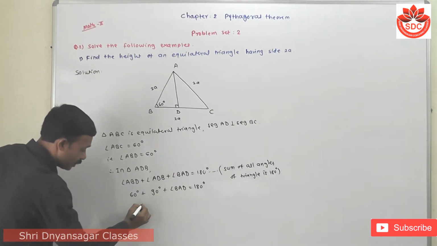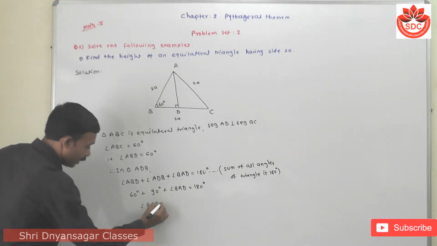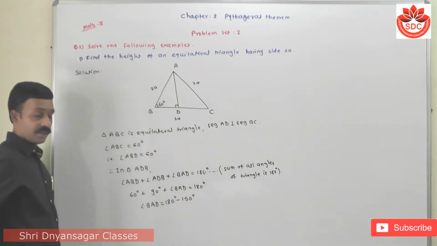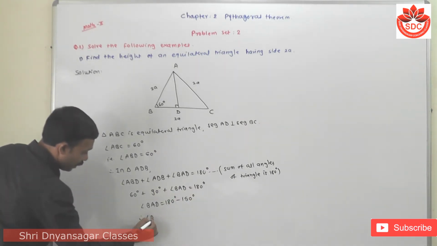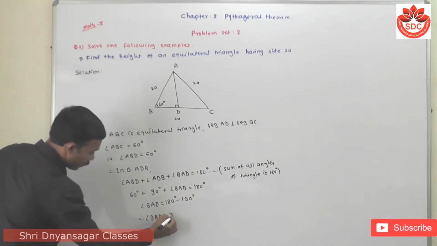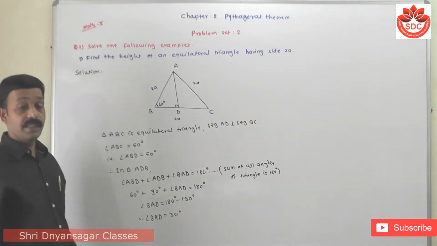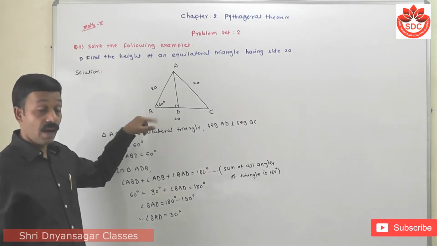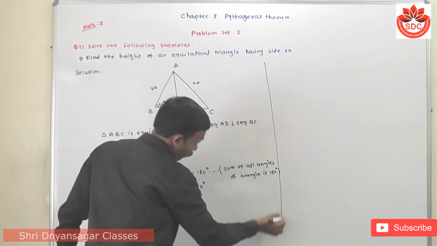Transferring directly to this side, we get that angle BAD is equal to 180 minus how much? 150. Means angle BAD is equal to how many degrees? 30 degrees.